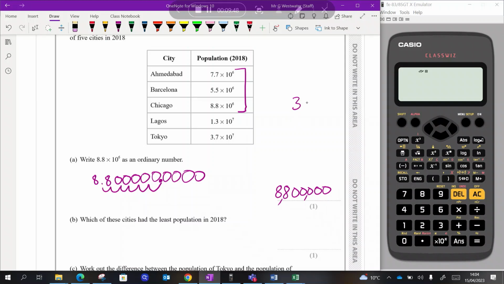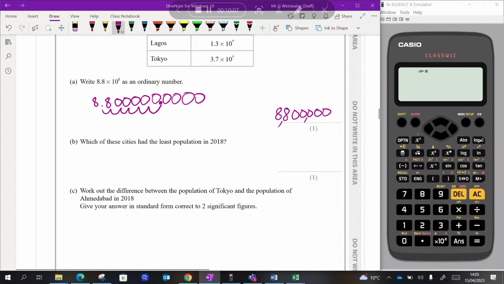So 3 is 3 times 10 to the power of 0. 1.3 times 10 to the power of 1 is going to be 13. It's already comfortably bigger. Okay? So, part B, which of these has the least population? Well, it's going to be Barcelona, because this has the smallest number and the smallest power. For the smallest power, I should say. So, Barcelona.